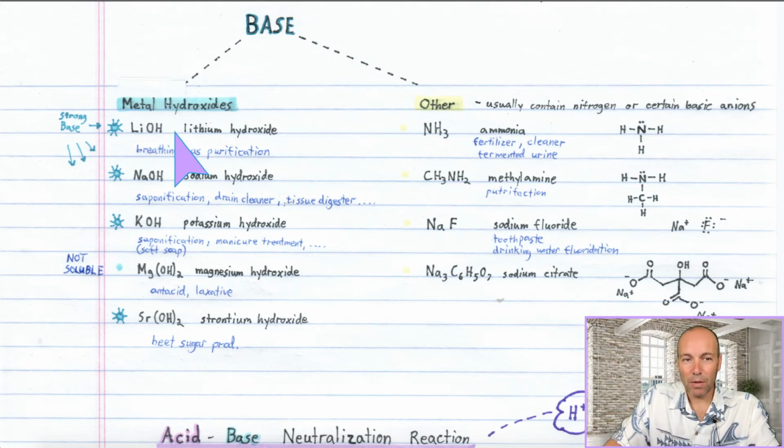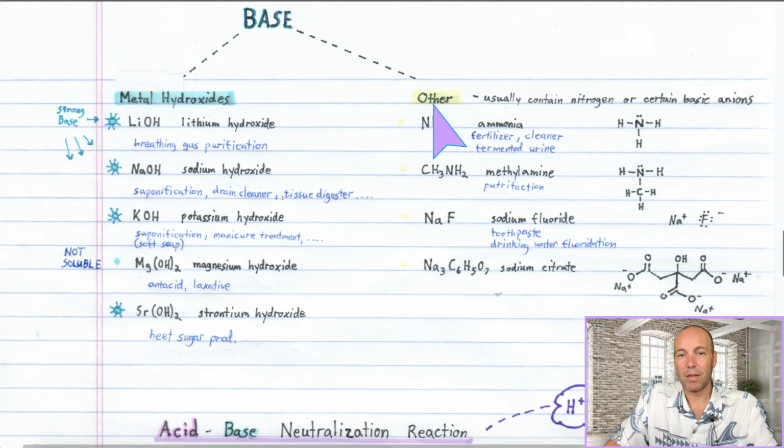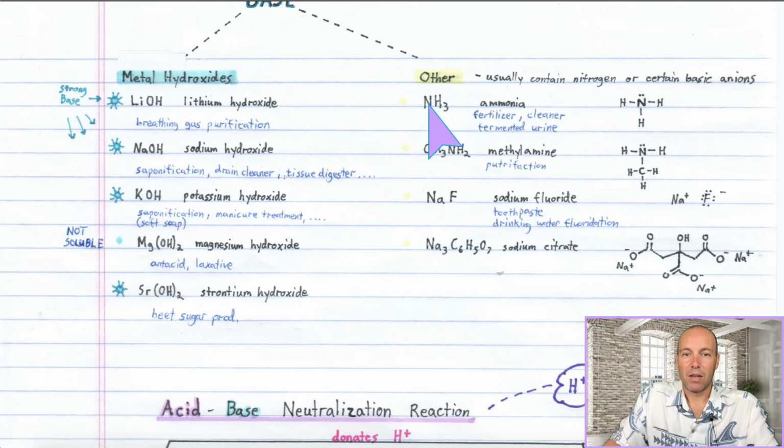So for every one of these, you get a hydroxide anion. Now the weak bases, on the other hand, you don't see hydroxide in the formula, but when you dissolve it in solution, you do end up with hydroxides. So they still cause ionization in water, and you get hydroxides, but it's not 100% ionization.